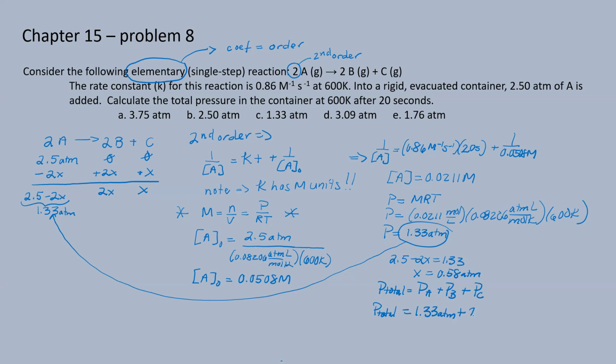B is 2X, so 2 times 0.58. And C is just X, so 0.58. So that gets us a total of 3.08. Closest answer, 3.09.